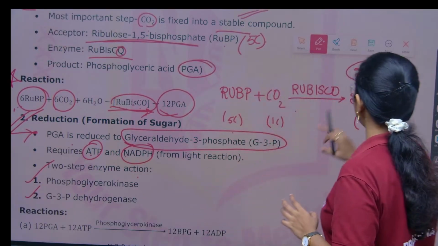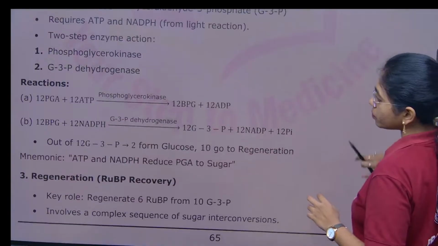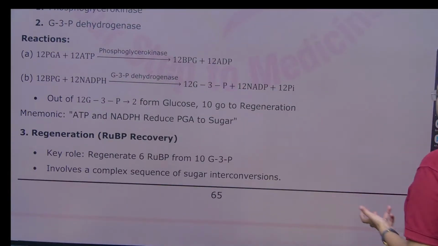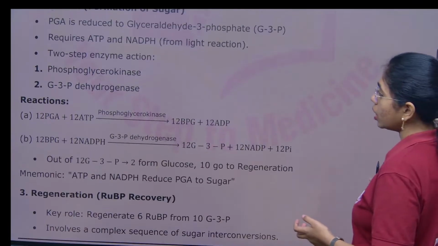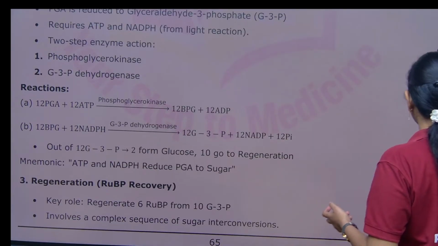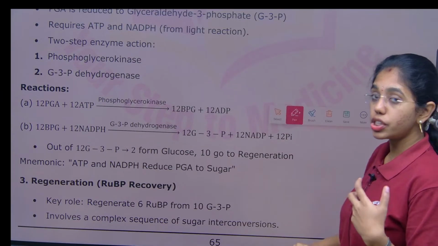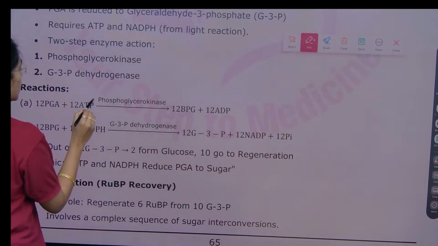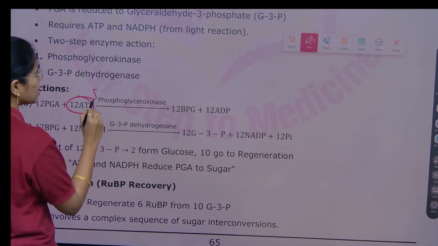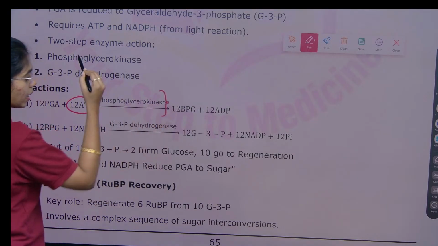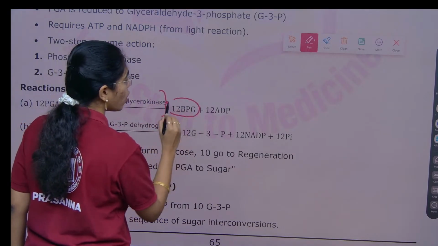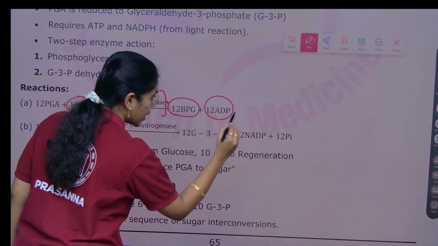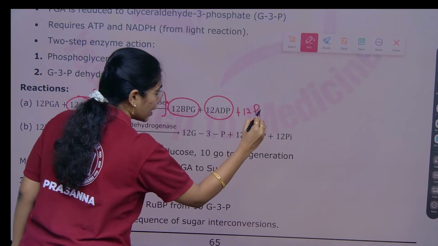Phosphoglyceric acid is reduced to glyceraldehyde 3-phosphate. In the reactions of the reduction step, 12 molecules of PGA with 12 ATP, in the presence of the enzyme phosphoglycerokinase, form 12 bisphosphoglyceric acid plus 12 ADP and 12 inorganic phosphate.